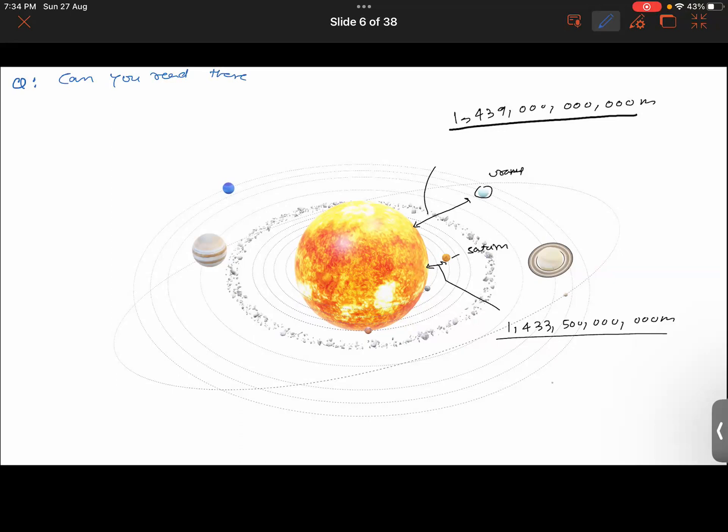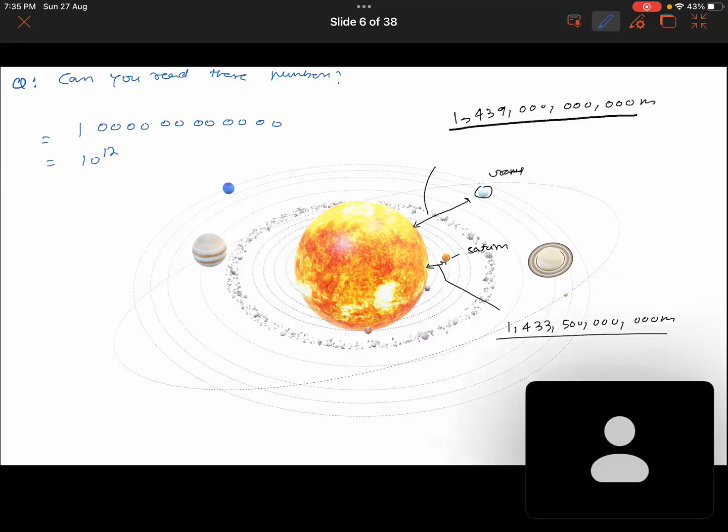Obviously we can read, but it is quite difficult and will take lots of time. So having a number like 1 with this many zeros, it is rather easier to read the number like 10 raised to the power 12 than to read it like this.